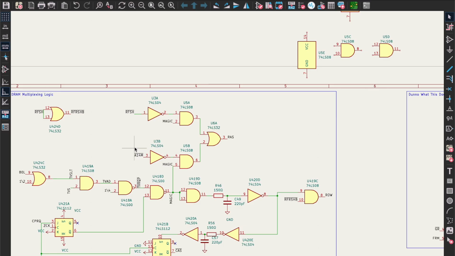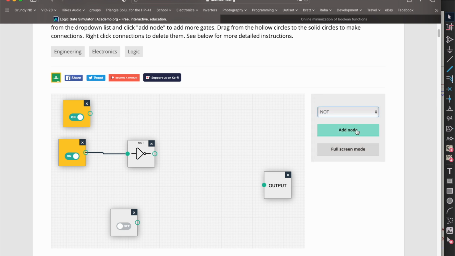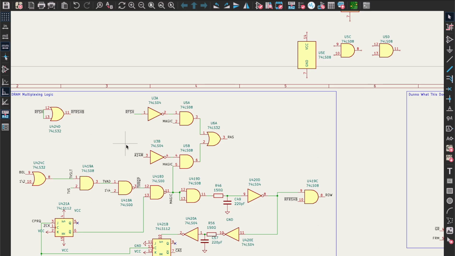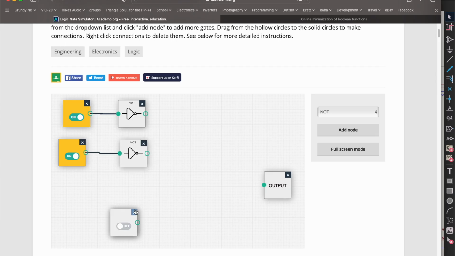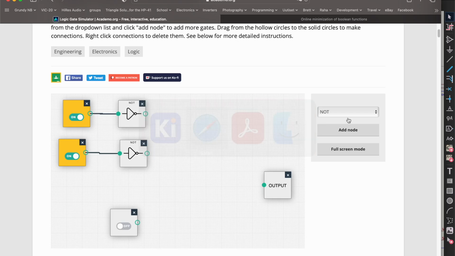So what we want here is a NOT. Is that right? NOT there. Anyway, so we've got two NOTs, and then we've got going into, what did I say, an AND gate.